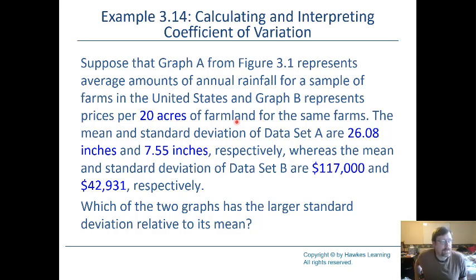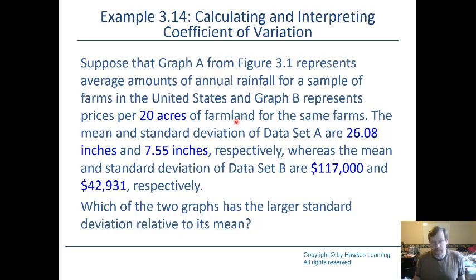The mean and standard deviation of A is 26.08 inches for the mean, 7.55 inches for the standard deviation, and the price ones are 117,000 for the mean and 42,931 for the standard deviation. So what we want to know, just looking at the graphs, is which has the larger standard deviation relative to its mean.